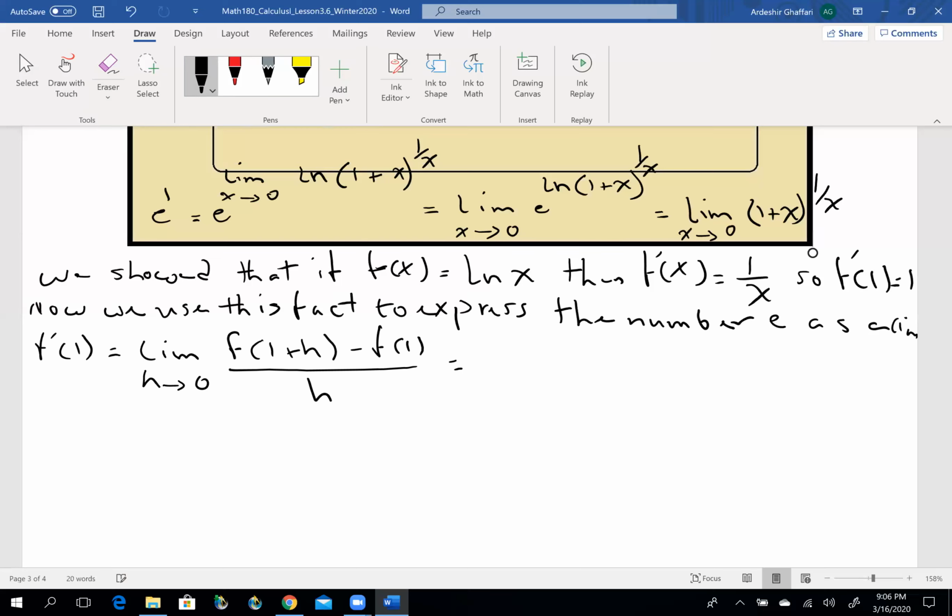This is equivalent to the limit as x approaches 0 of f of 1 plus x minus f of 1, over x.